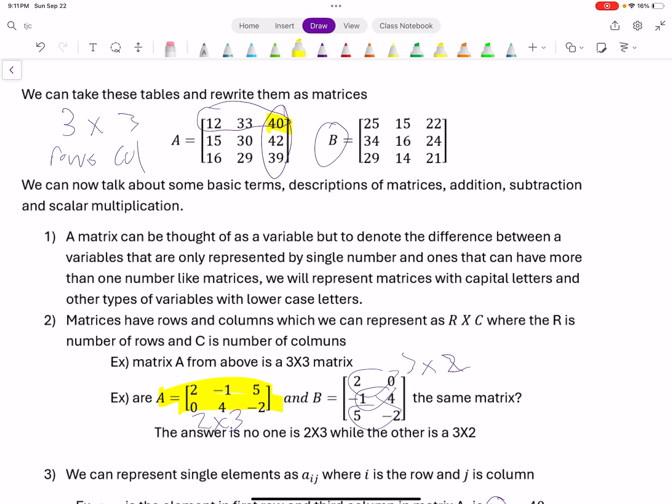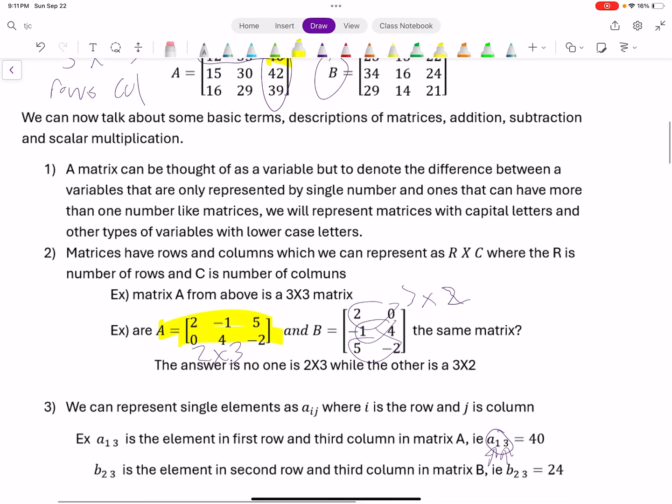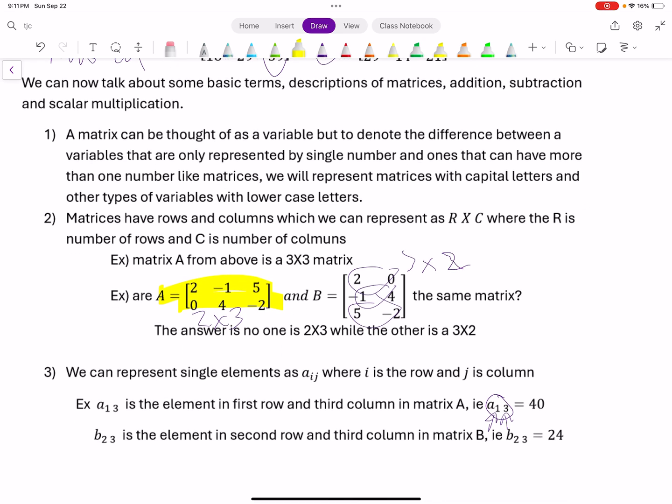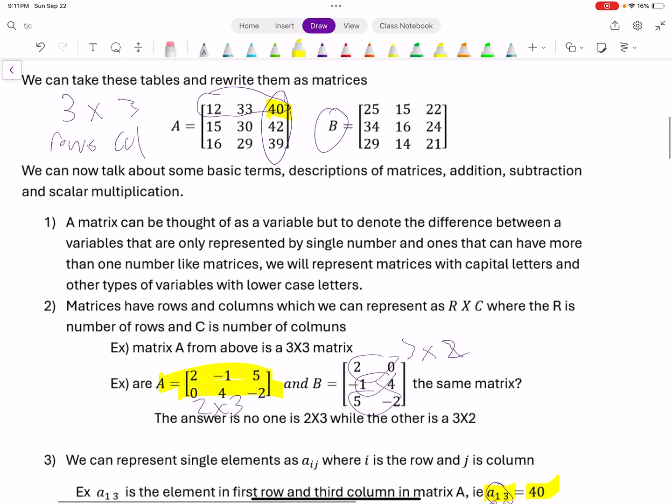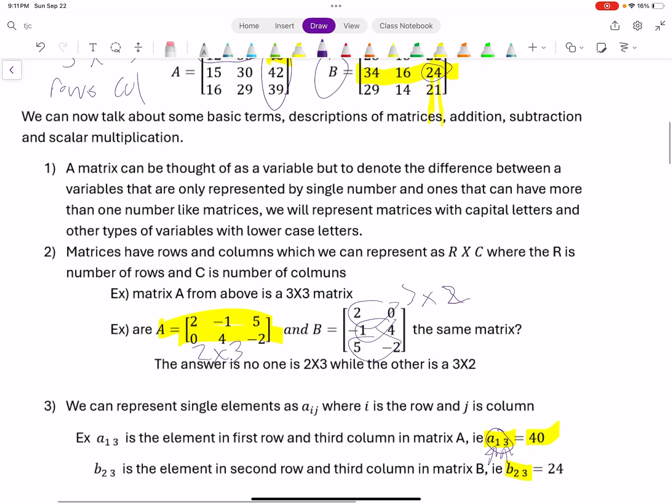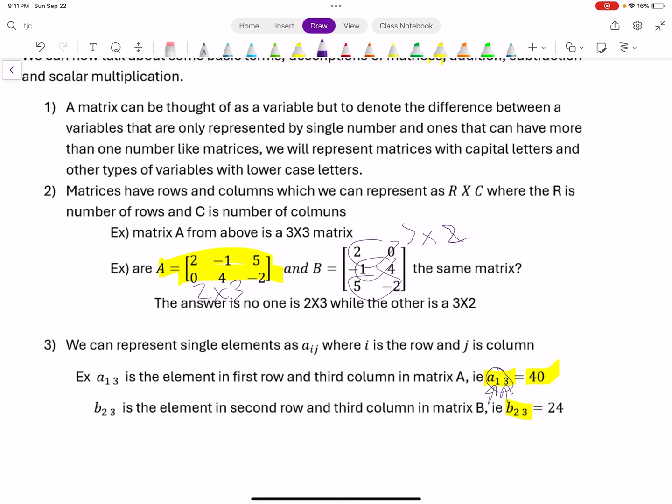It's where the row and the column intersect. So the element A13 is the number 40. What about the element B23? So in big B, B23, so here's B2, here's 3. Well, they intersect at 24. So that would be 24, okay? So again, these are your rows, these are your columns, okay?